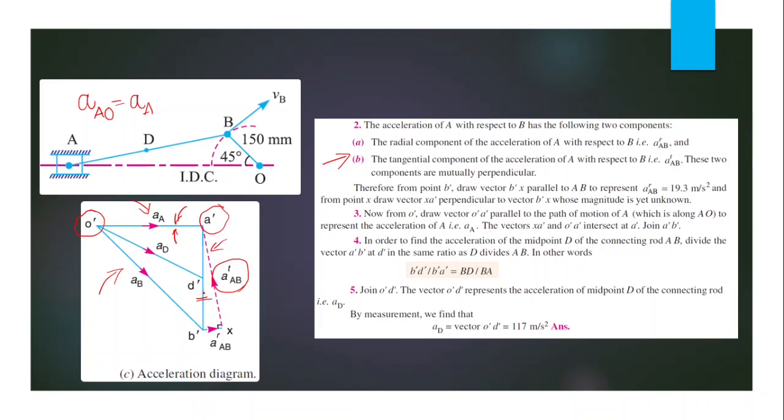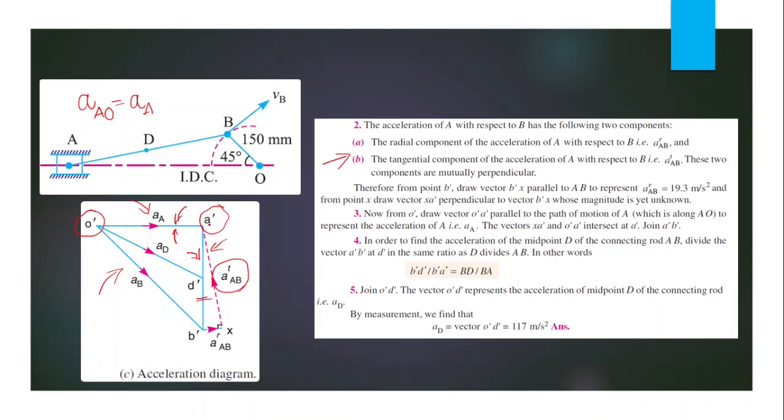If this is the resultant of the radial and tangential components, then this point will become A dash. That means this is the complete acceleration of A with respect to B.